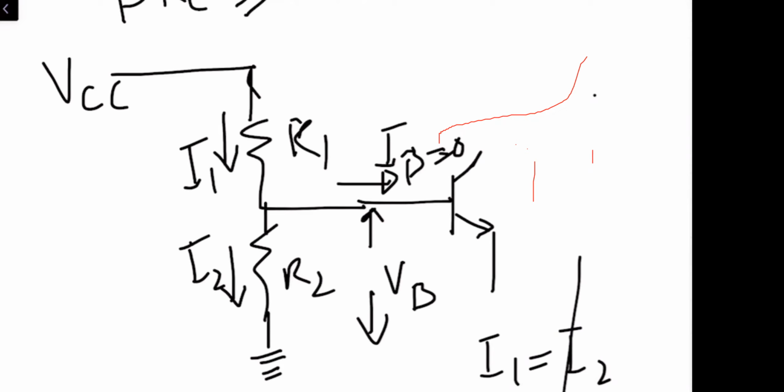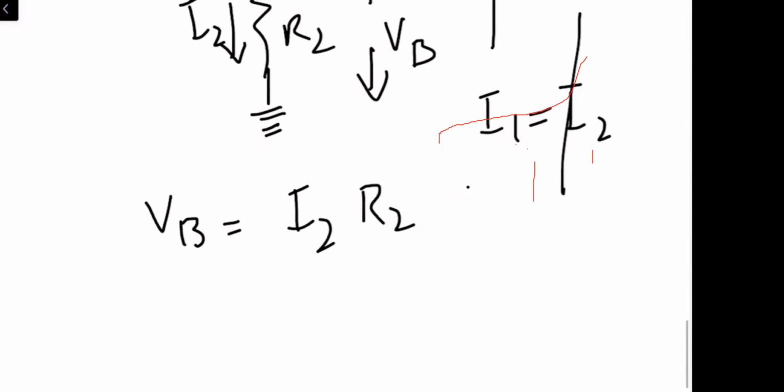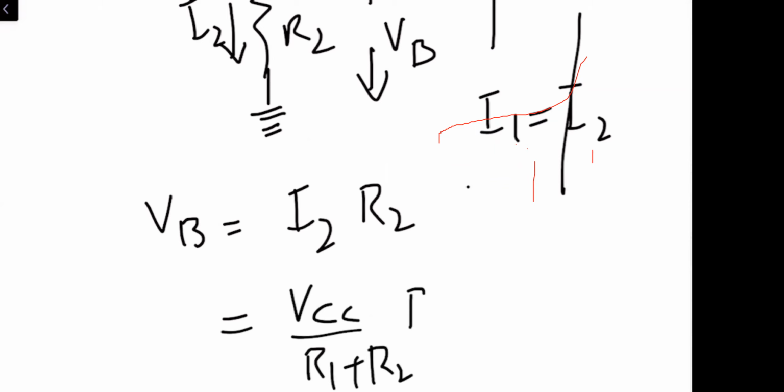So using the voltage divider rule, we can simply write that VB is equal to VCC divided by R1 plus R2, into R2. Are you with me?